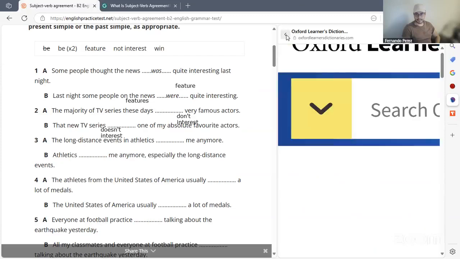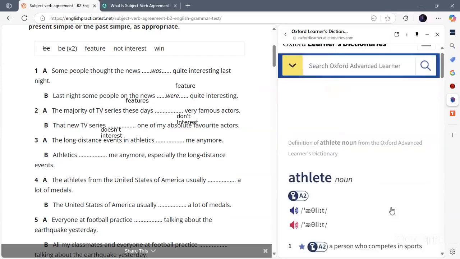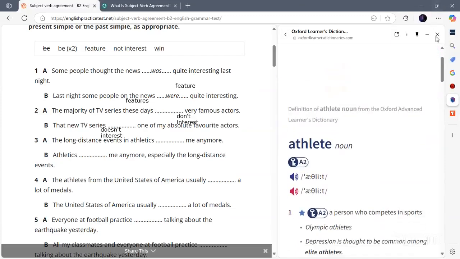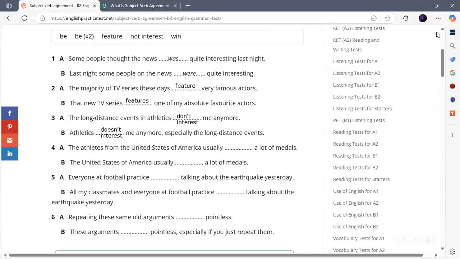So athlete. Okay. The athletes from the United States of America usually win... wins.